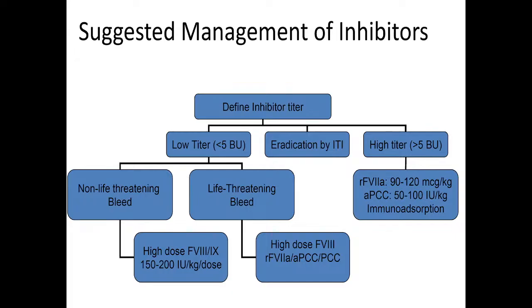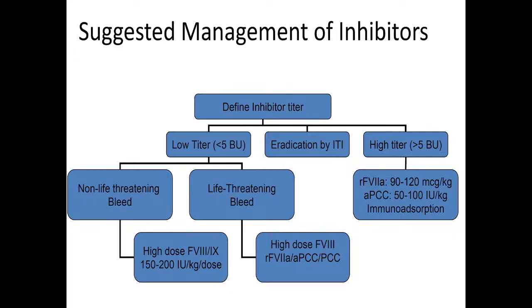And in case of high titer, there are options called bypassing agents. These are factor VIII bypassing agents, which participate in clotting without factor VIII in the body. These are recombinant factor 7A, activated factor 7, which comes under the brand name Novo 7.